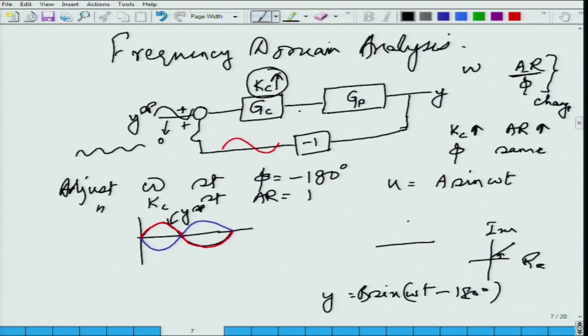Okay. What would happen? Well, the forcing has gone to 0. However, there is this sine wave which keeps going back, and therefore, the system will keep on oscillating.